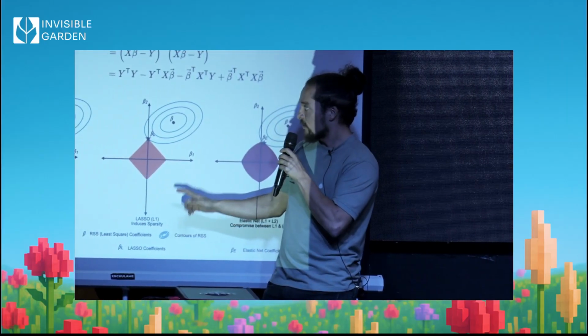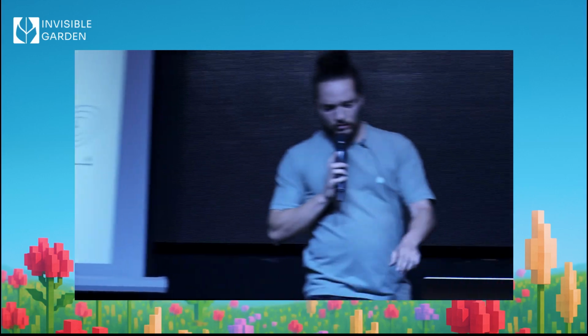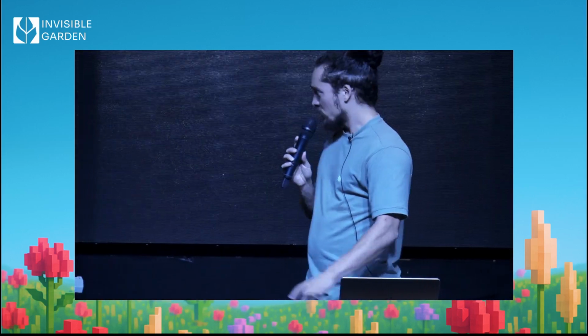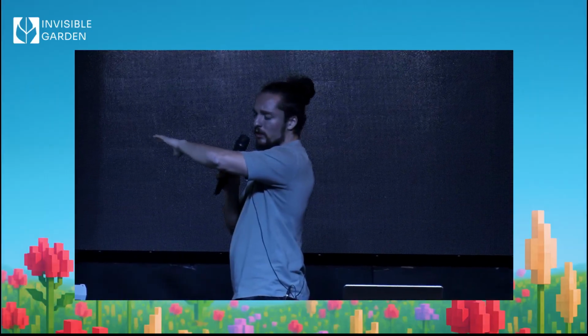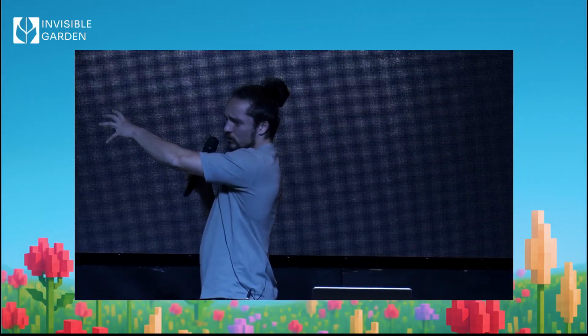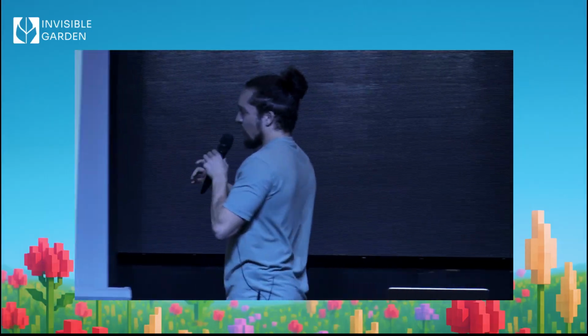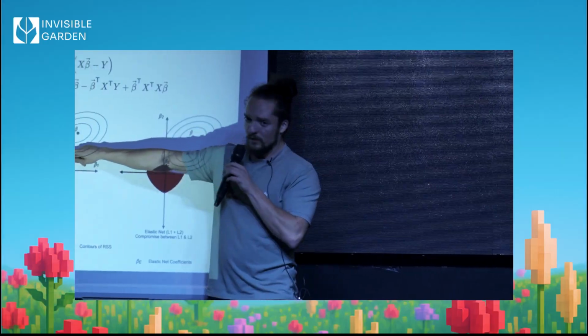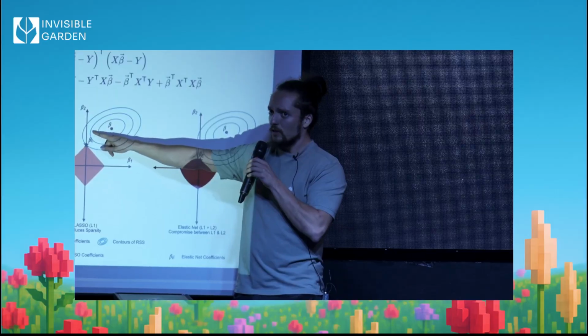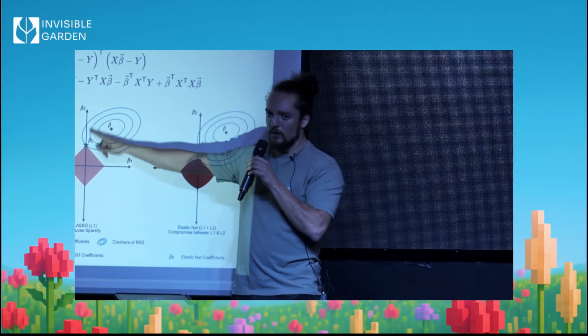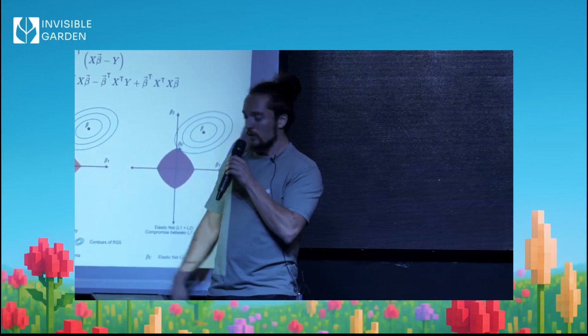But if you have the other type of regularization, which was this L1 regularization, the contours are actually rotated squares. If you do the same analysis on them, what you end up having is that your final beta, the optimal weights for your model, are actually going to tend to end up in one of the axes because of these contours.